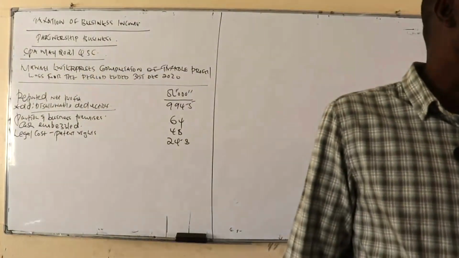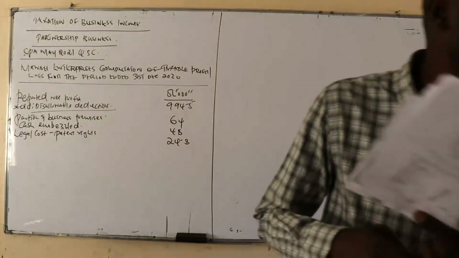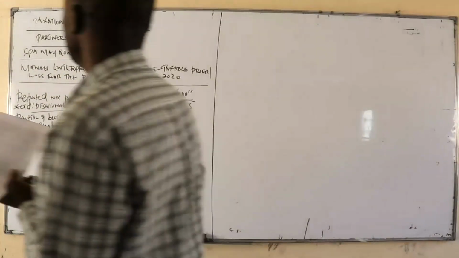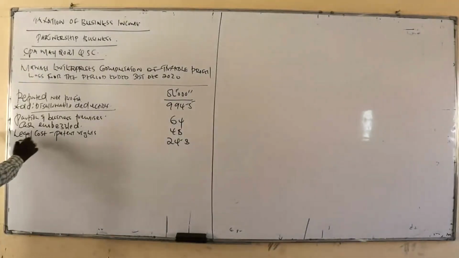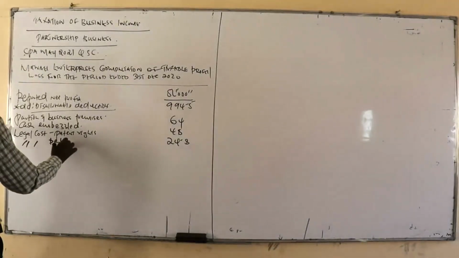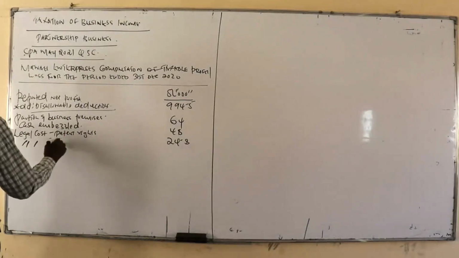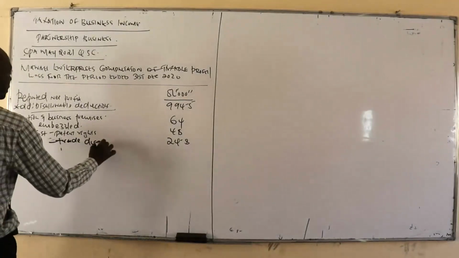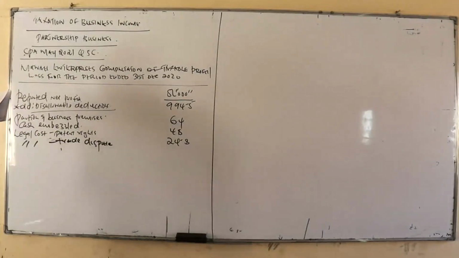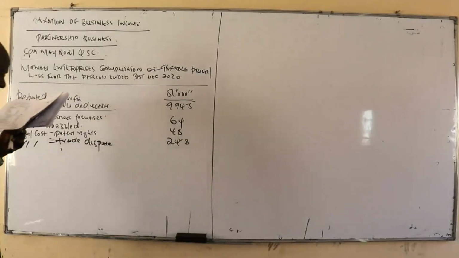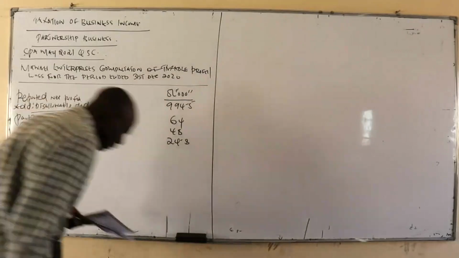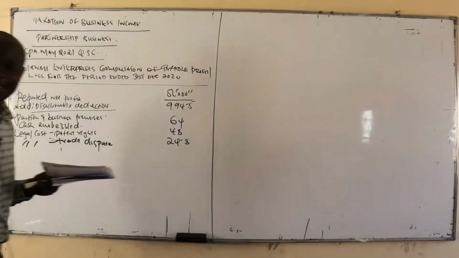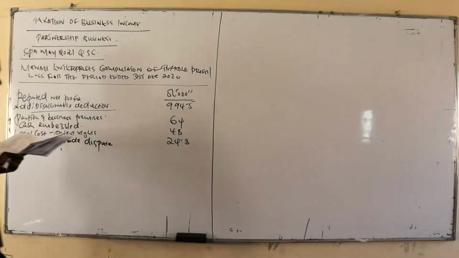Defending a business against trade disputes, disallowable. So you write here legal cost, defending trade disputes. How much is it? 42.6.